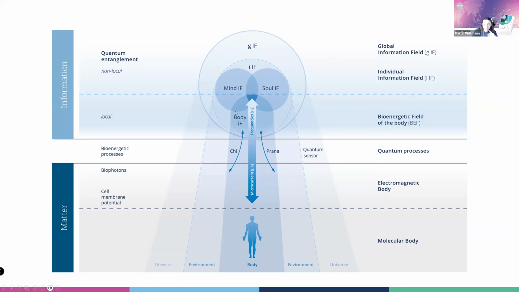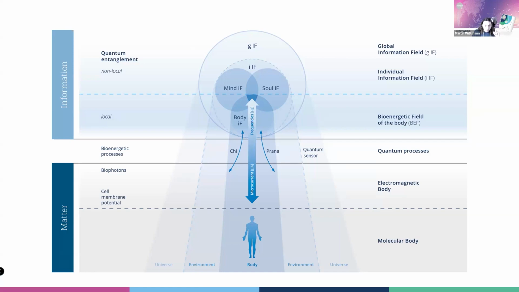And if you look in the middle, you have the individual information field, which consists of the mind, the soul, and the body. So you have those three entities that basically make up your individual information field. And then, of course, in the global information field, you have every living organism in the universe included. And of course, there you have the main thing that's connecting all those things, which is quantum entanglement.